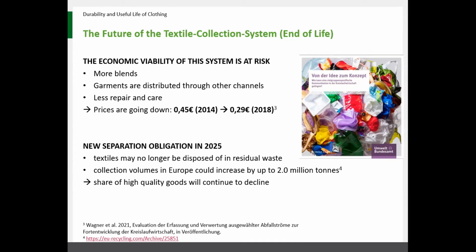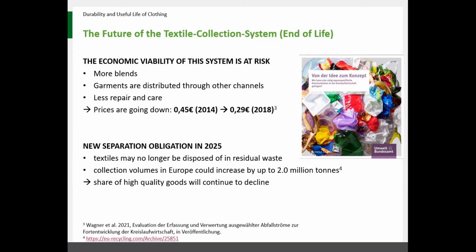A further big challenge for the collection system is coming in 2025. From this point on, textiles may no longer be disposed of in residual waste. Due to this new regulation, it is assumed that collection volumes in Europe could increase by up to 2 million tons per year.